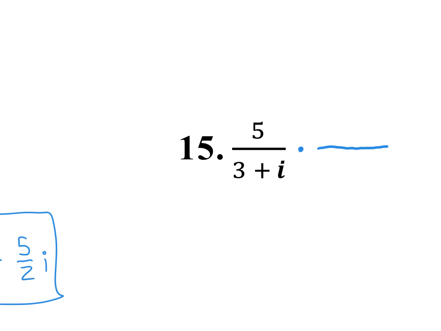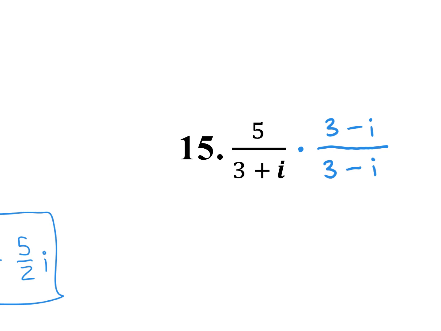When you conjugate a word, usually you keep the front the same and you change the back. So we're going to change 3 plus i. We're going to keep the 3 the same, but the plus i becomes minus i. So the front stays the same and the back becomes the opposite.